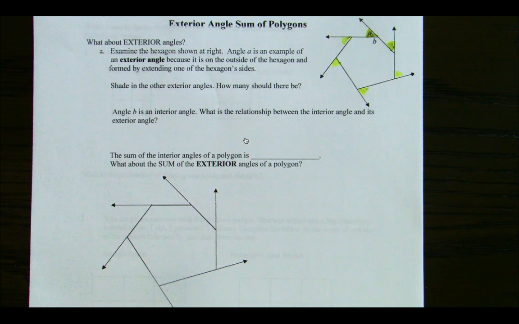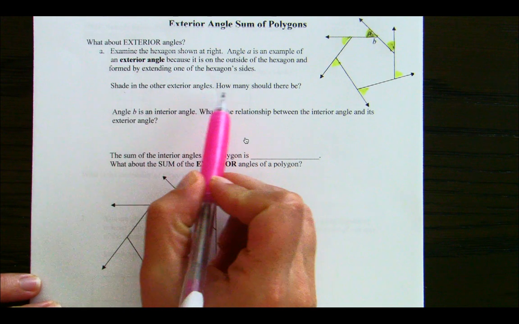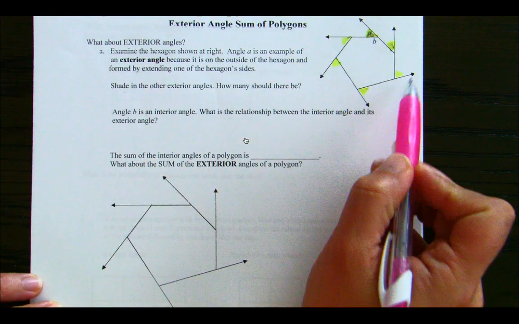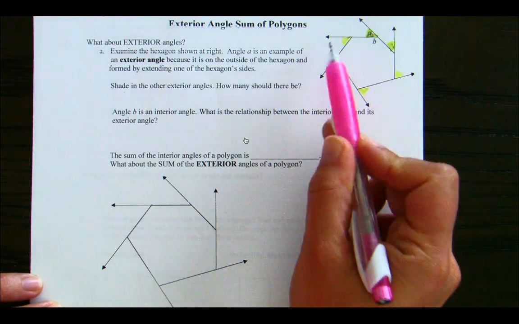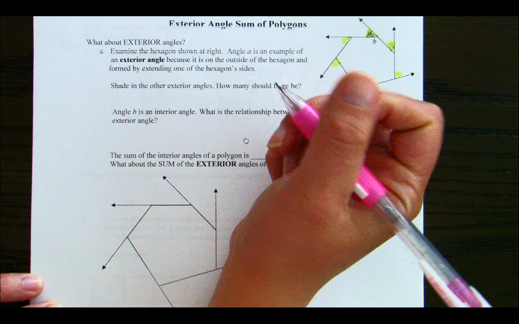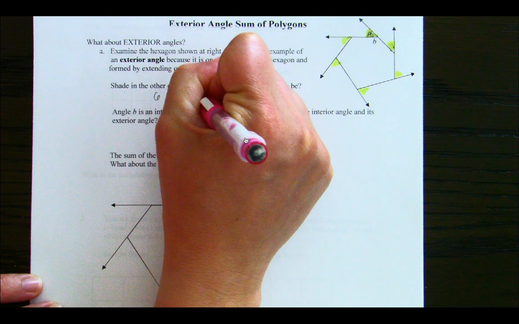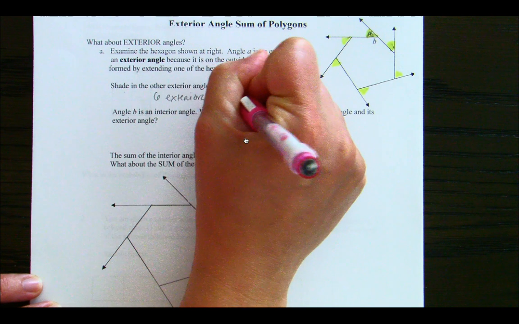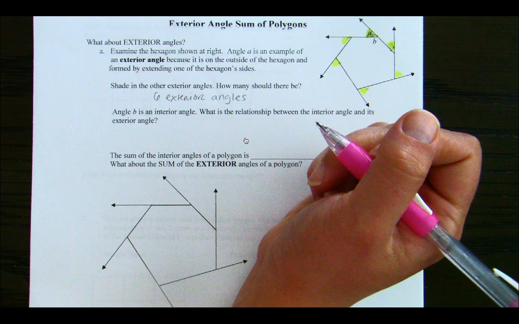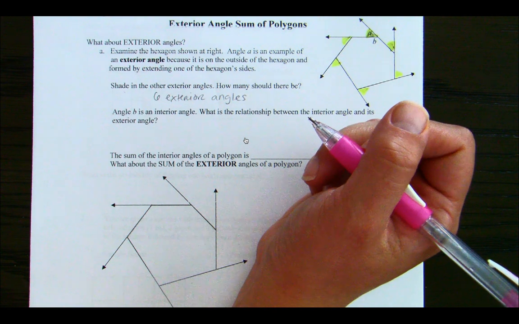As of right now, I have 6 exterior angles for a 6-sided shape. Notice this matches the fact that I have 6 sides and 6 interior angles.